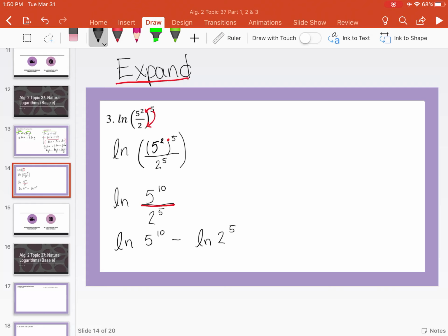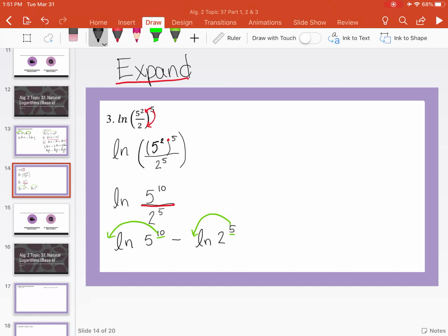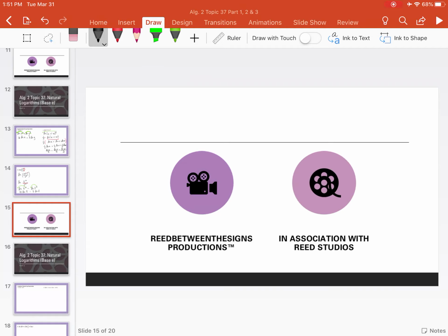Now here, I have one more step when I'm asked to expand. I have my exponents right here, so I can move them in front. And I would end up getting 10 times the natural log of 5 minus 5 times the natural log of 2. And that's your answer. Thank you for watching.